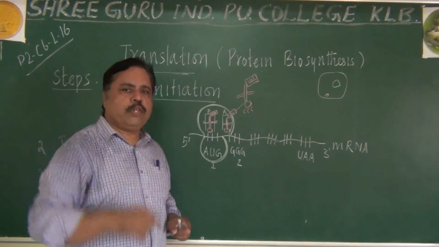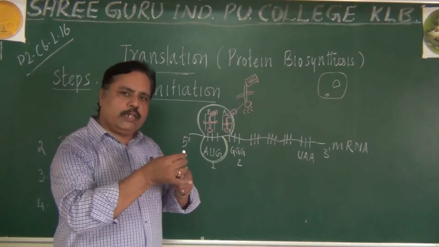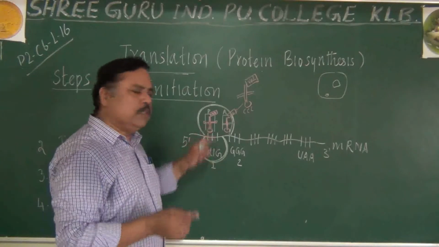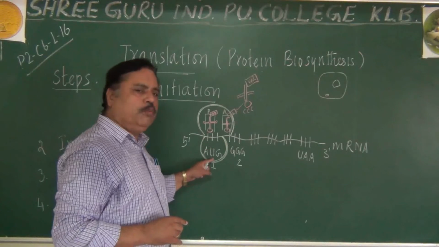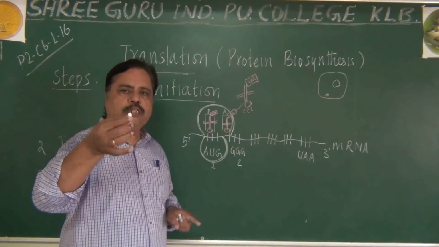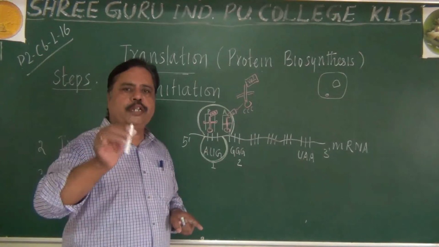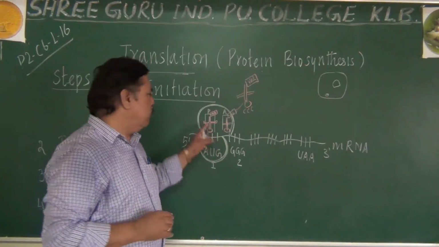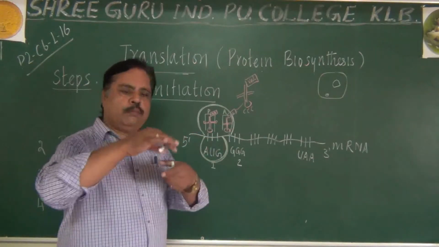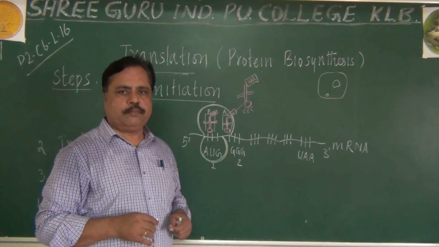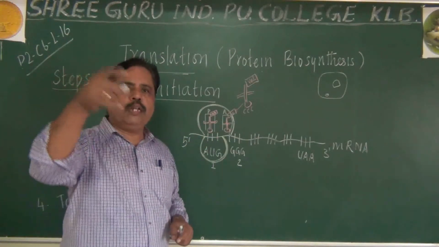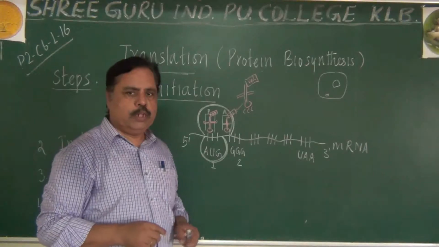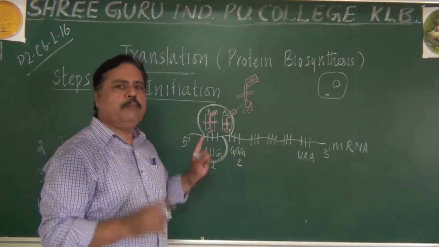The larger subunit of the ribosome will come and bind with the mRNA in such a way that its P site will occupy AUG, the initiator. When the larger subunit is bound with the mRNA, the first tRNA carrying methionine will enter the ribosome. It will go and occupy the P site.